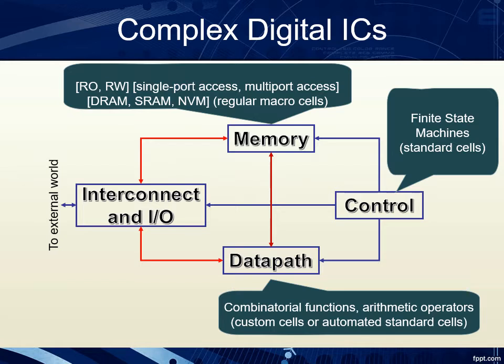According to volatility of the memory, we have dynamic RAMs, static RAMs, and non-volatile memories. For memories, we use regular macrocells, which means typically the building blocks of each type of memory are already designed and they are available to form a larger memory block.